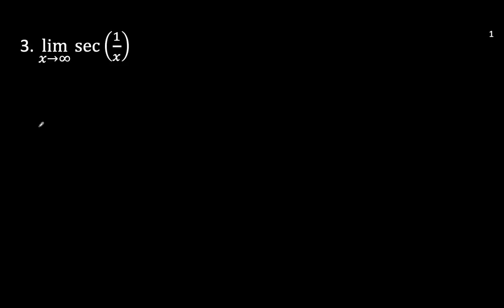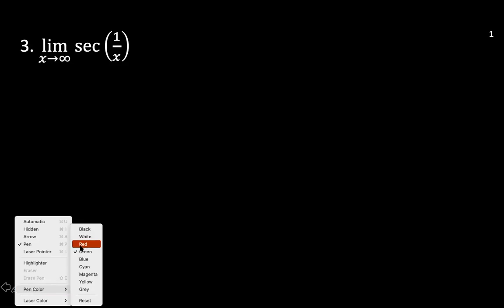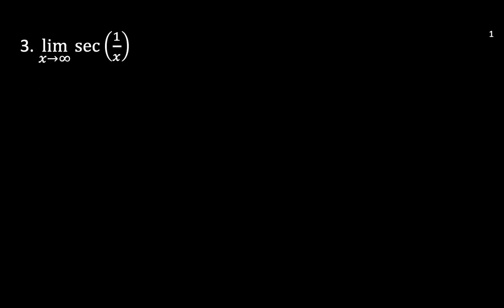All right. So let's apply this theorem in the given example. Let's have the limit of secant 1 over x as x approaches infinity. Here we're going to check whether, once we substitute infinity into 1 over x, the result will still be part of the domain of secant.